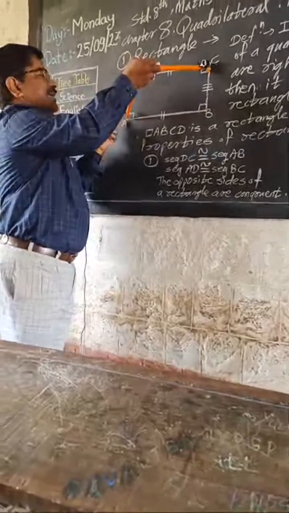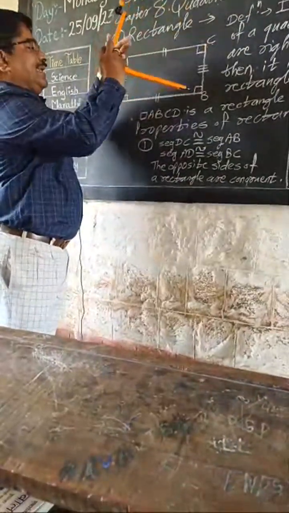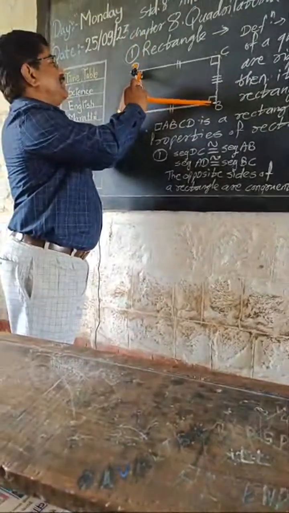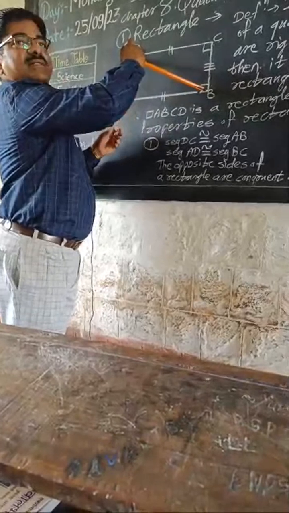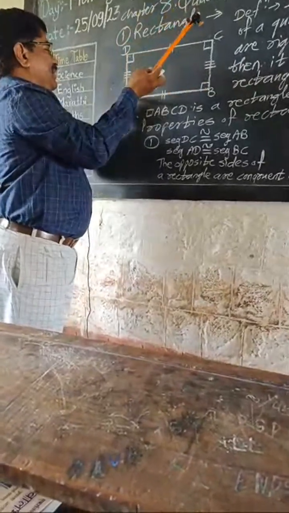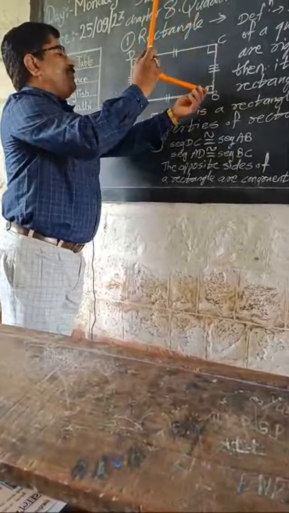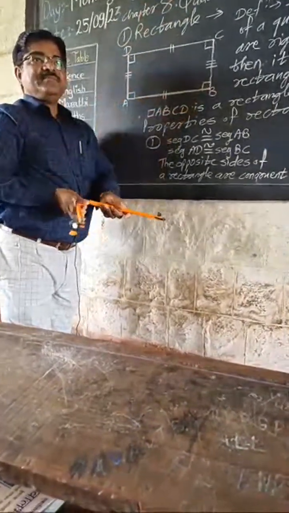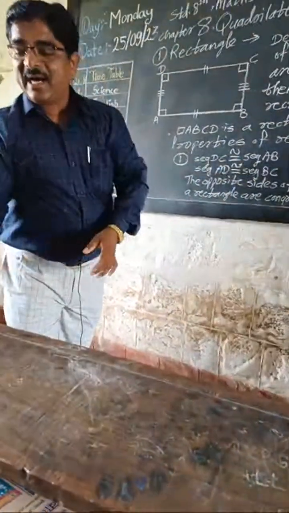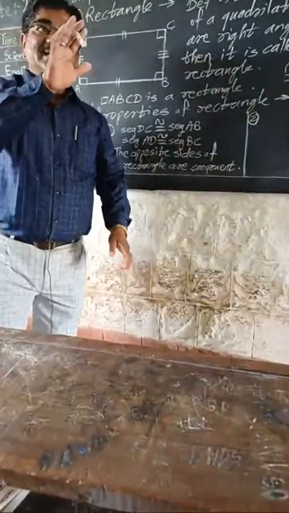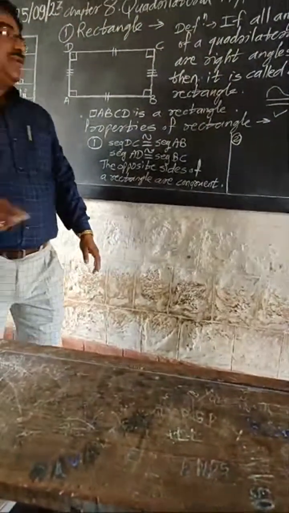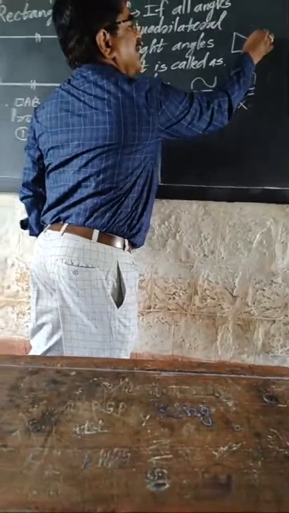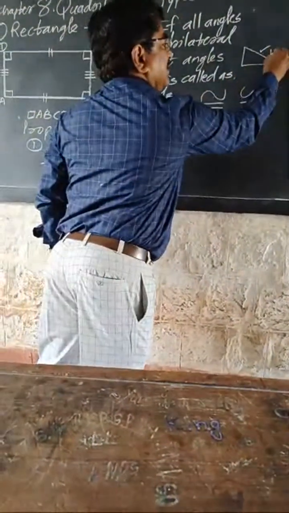This distance is segment AC, and another distance between opposite vertices is BD. AC and BD are hypotenuse, but hypotenuse is for a triangle. For a right angled triangle, we can say this is the hypotenuse.